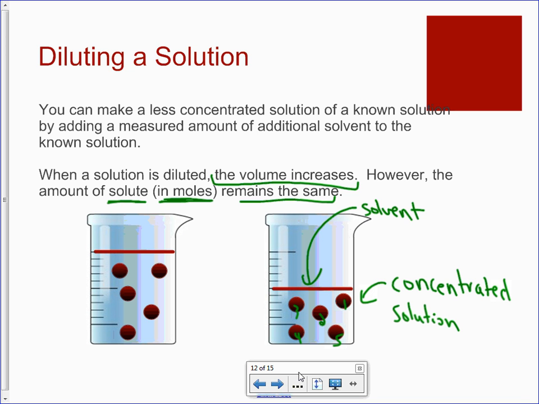So in the beaker on the left, our volume has increased as we've added more solvent to it, but the number of moles that we have in solution has remained the same. So we still have 5 moles now, but just in a greater volume. So now we have the same amount of moles, but more volume, and so our concentration will now decrease. So we now have a dilute solution.